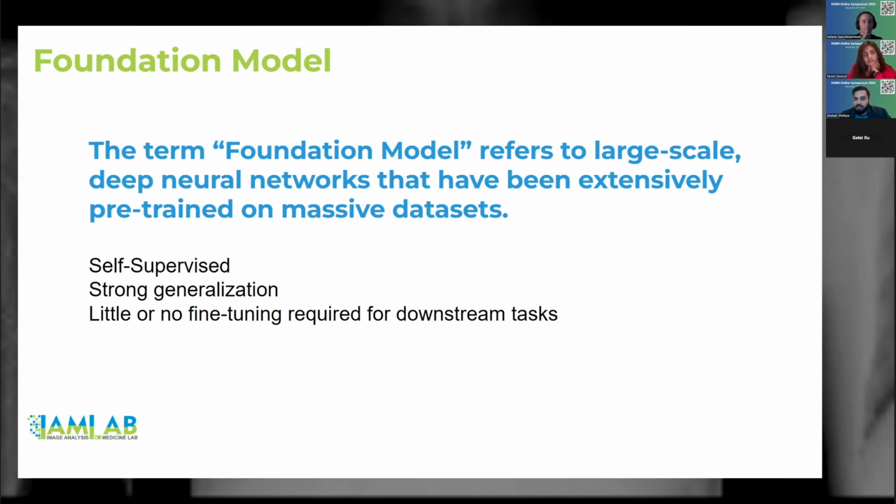Since self-supervised learning does not need labeled data, we can use large GPU clusters and deep architectures, and we can use all the data that we have to train the foundation models. These foundation models have the capability of strong generalization, and they can be used with little or no fine-tuning for various downstream tasks.